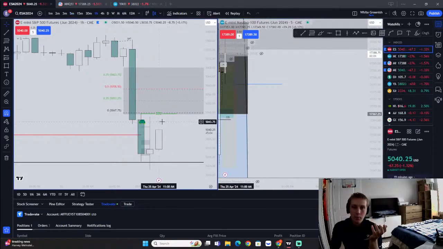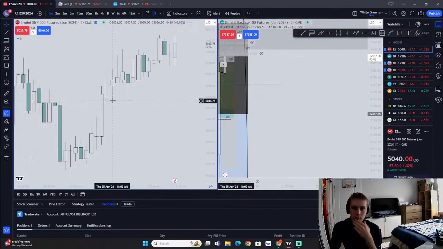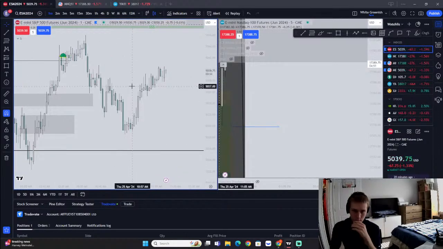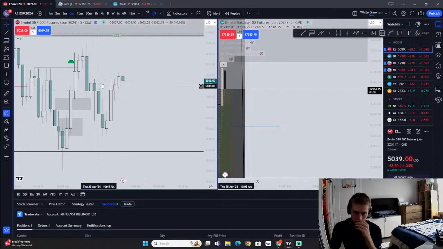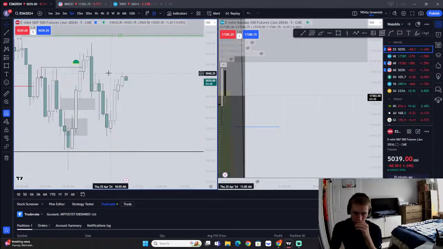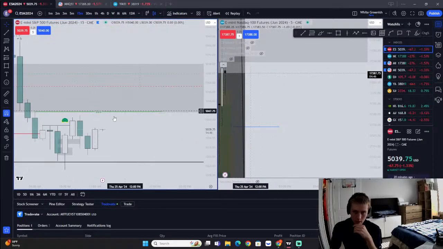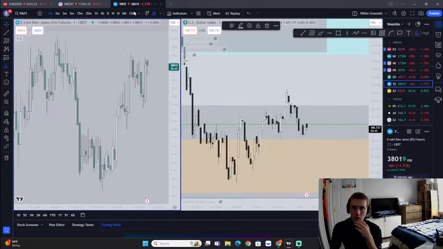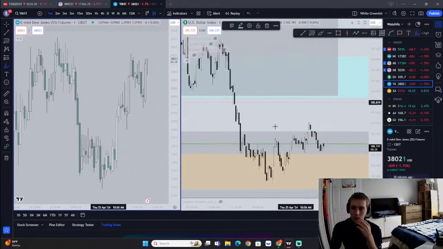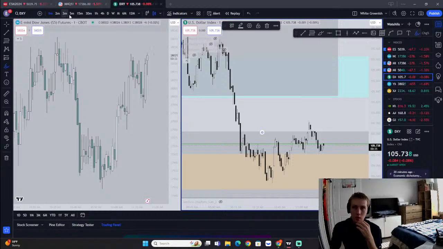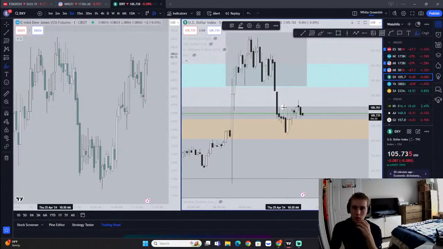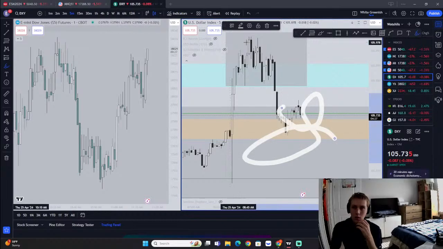ES has not come up within its 1 hour fair value gap, so ES is just consolidating. Let's take a DXY. Whoa.